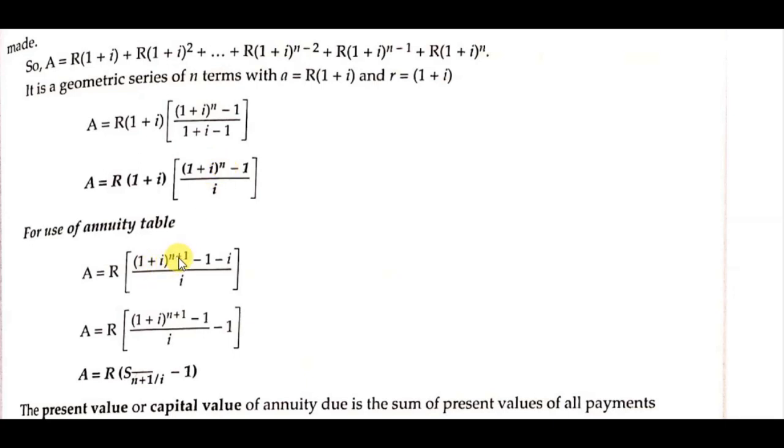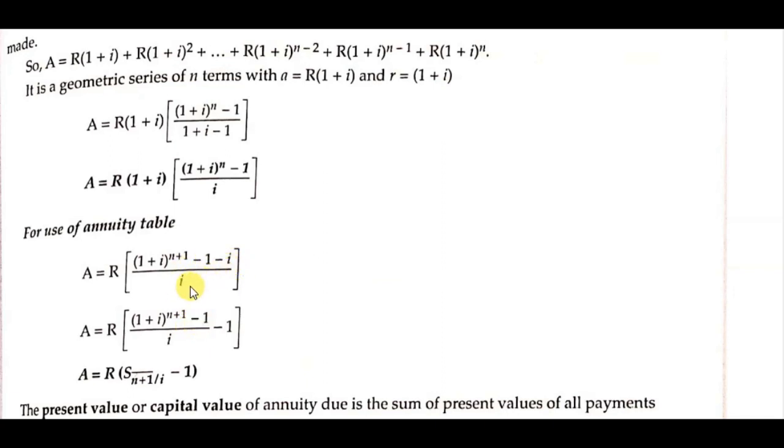And minus 1 into (1 plus i), how much? So minus 1 into 1, minus 1, minus 1 into i, minus i, whole divided by i. Clear? So R will be the same, (1 plus i) whole power n plus 1 is the same, and minus 1 we will separate, and i by i is 1, so minus 1.